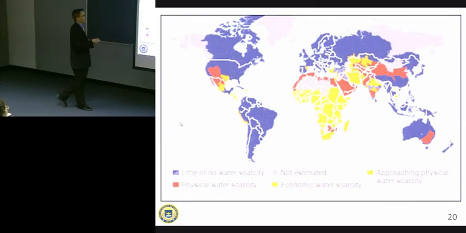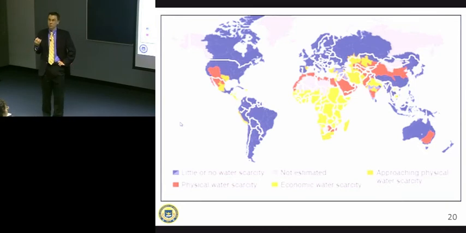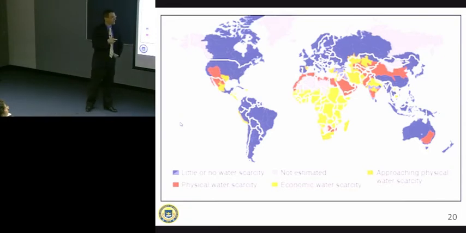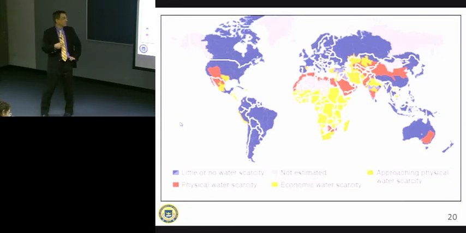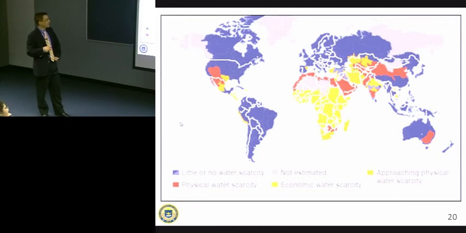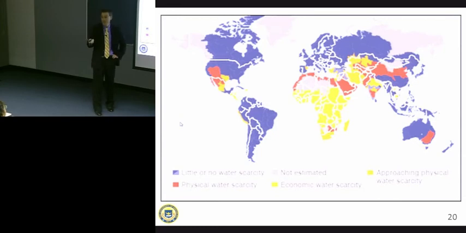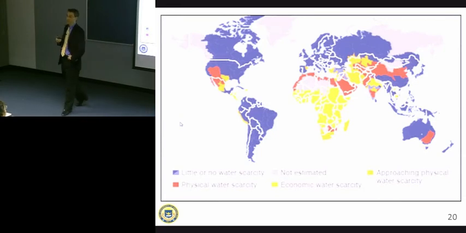There's also an issue of economic scarcity of water, not just the physical availability, but the economic access to that water. You see that as a big issue in Central Africa, parts of India, Southeast Asia, and Central America. So water availability is an issue.